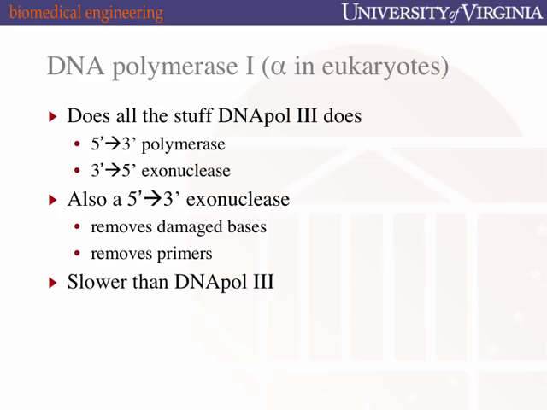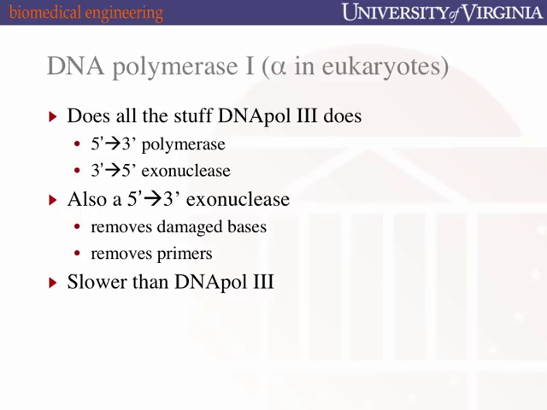And so what happens is that Pol 1 or Pol alpha comes in here and is going to be incorporating bases as it's removing the RNA primer, all the way up until it hits the next strand of DNA, no more RNA primer.